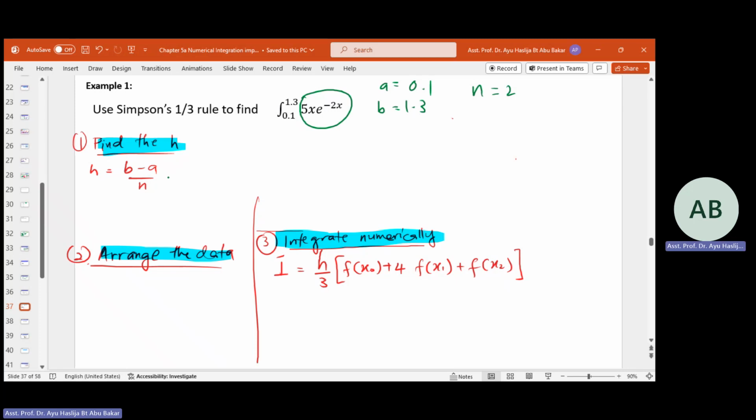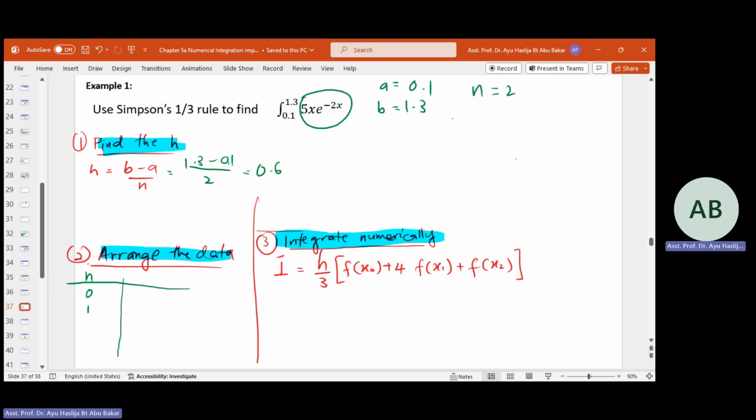Now, first step is always to find the h from the data given, sub into the equation. (0.6). Then arrange your data.